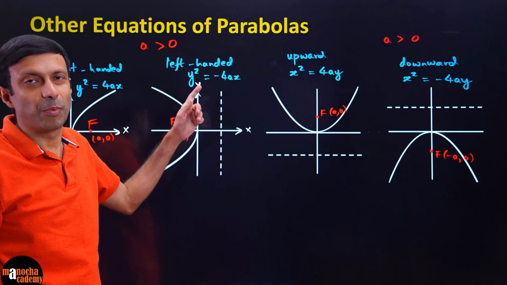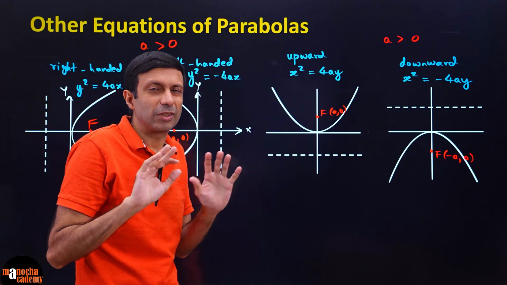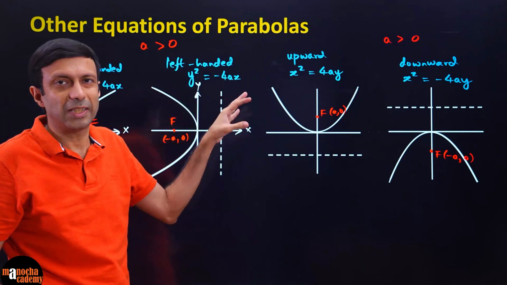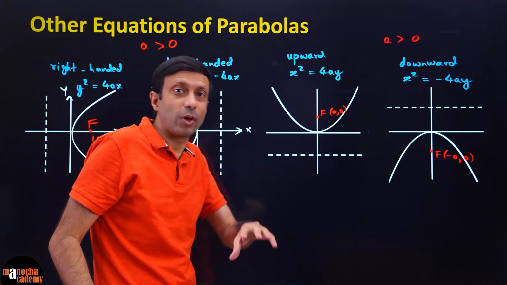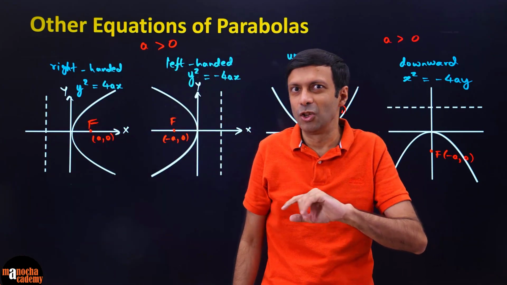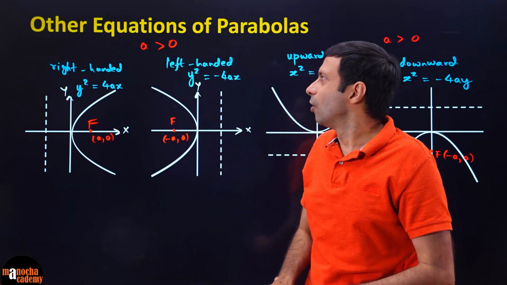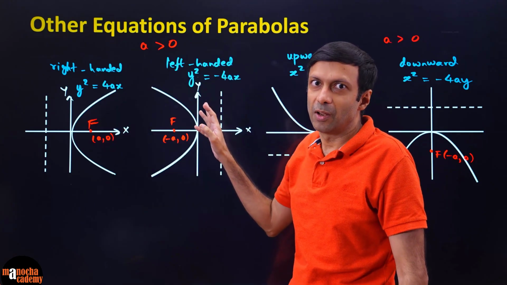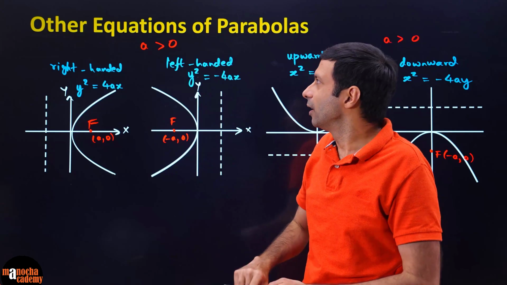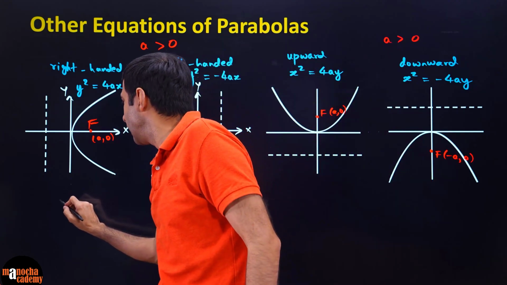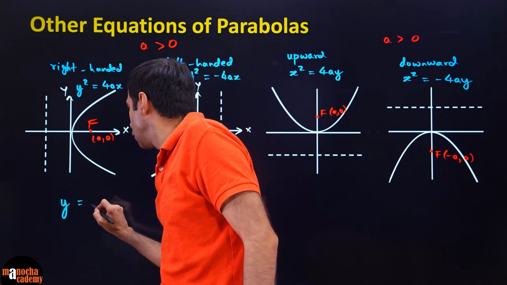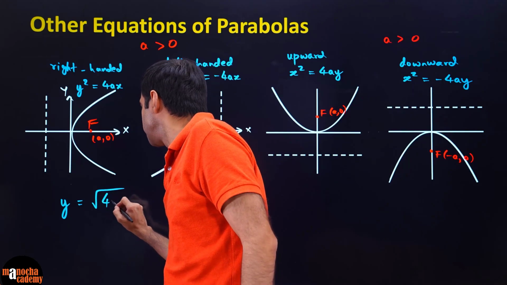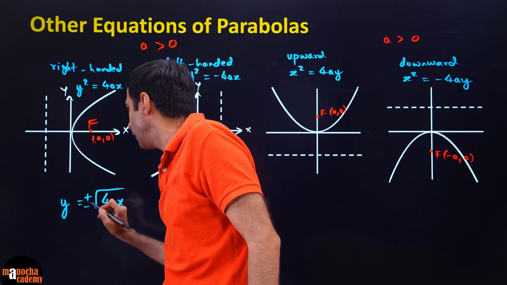So note these important things. Now how will you remember? Because it's a little confusing. The formula is very simple, but the confusion is, should I use y square or x square? One way to think about it: why y square for the right-handed or left-handed parabola? When y square is equal to 4ax, that means y is the square root of 4ax, and it will take positive and negative values.